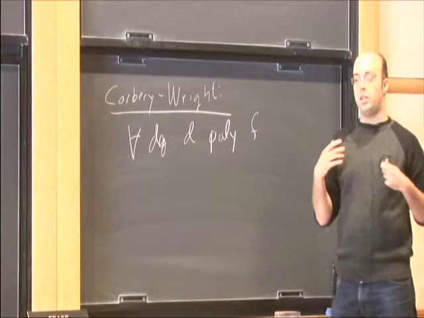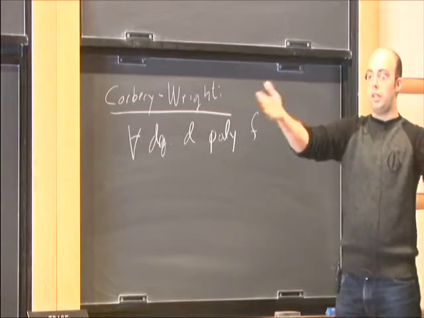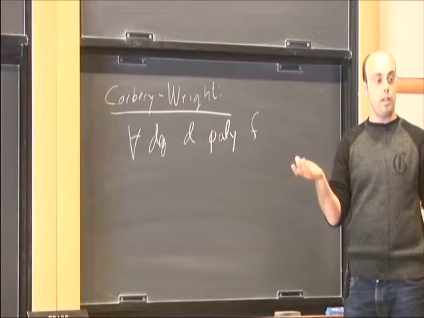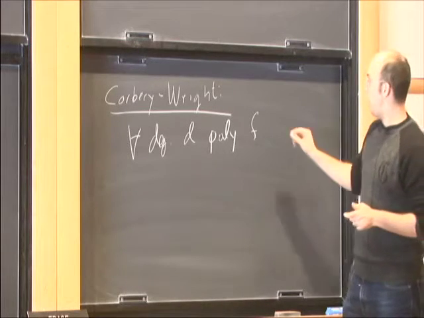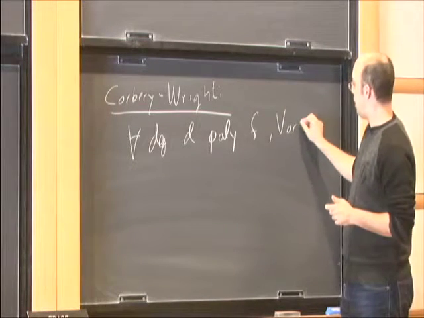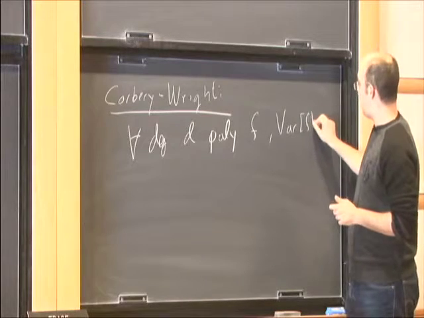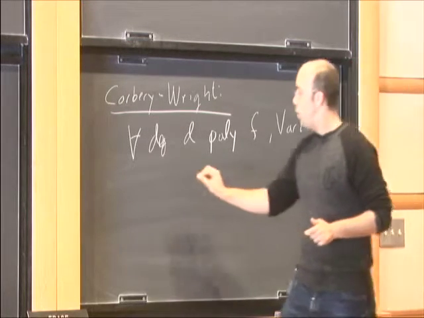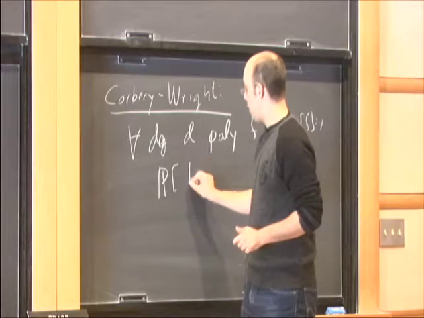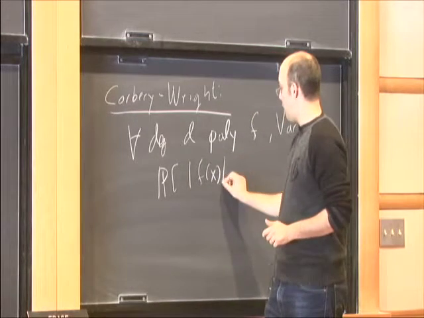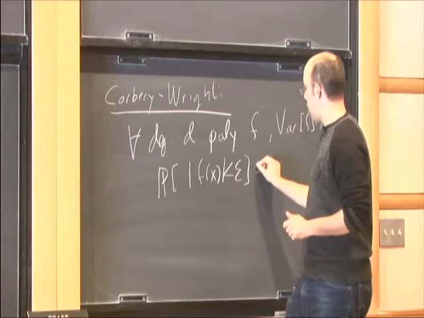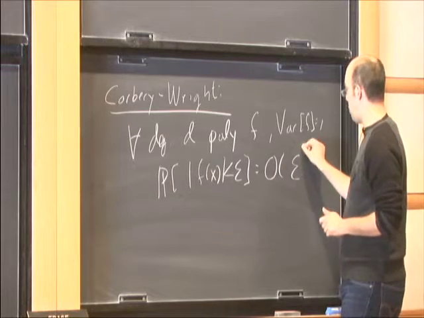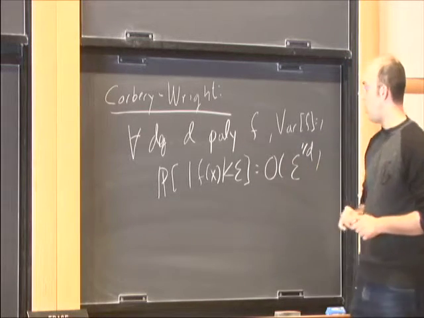If we multiply f by 10, then all things here grow by 10. So we need some normalization, let's say the variance of f is 1. Then the probability that f of x is below epsilon is order of epsilon to the 1 over d, and there is some constant depending on d here.